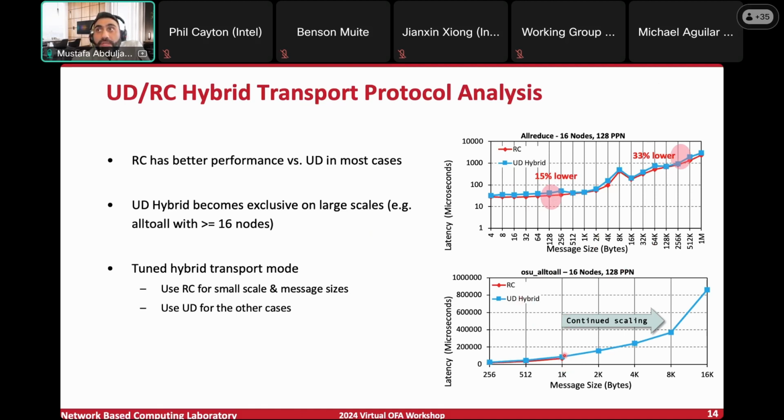So UD can continue, and that's an automatic way that switches from RC to UD. So what we did on the RoCE adapter is that we tuned that hybrid threshold for the switching point from pure RC to UD hybrid.